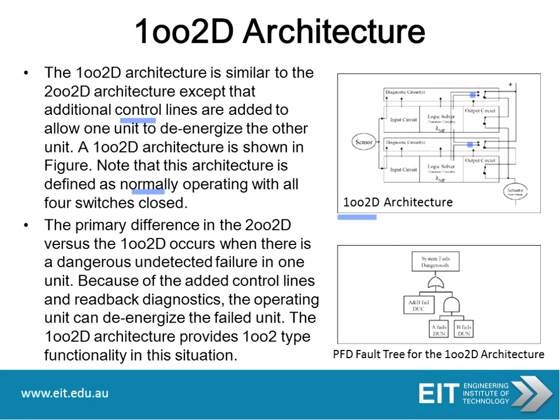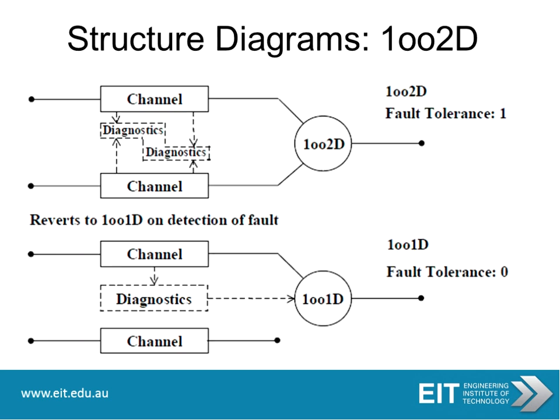The primary difference between 1oo2D and 1oo2 is when there's a dangerous undetected failure in one unit: because of the added control lines and readback diagnostics, the operating unit can de-energize the failed unit, and it provides 1oo1 type functionality in the system. So that's the advantage of the 1oo2D.